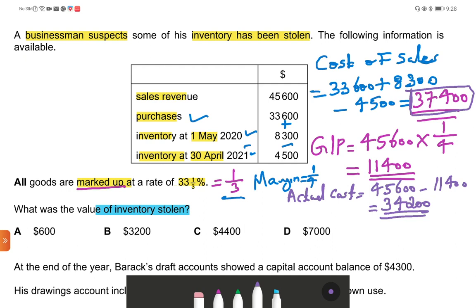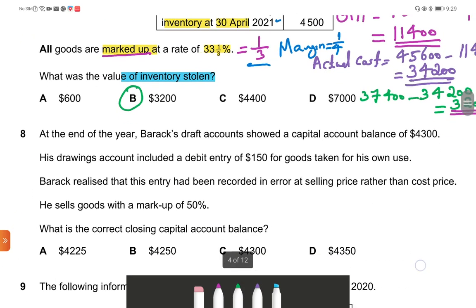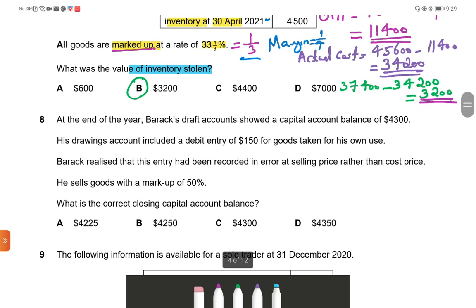But when calculating, it comes only 34,200. So there is a difference, and that difference is our stolen goods. 37,400 minus 34,200 is equal to 3,200. This is the correct answer, so the answer is option B. Next, question number 8.